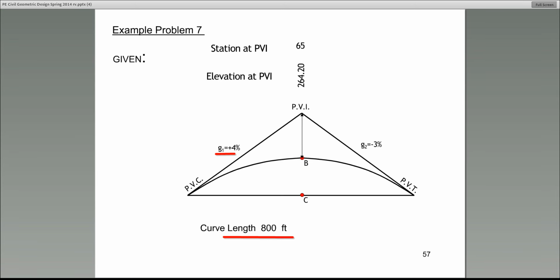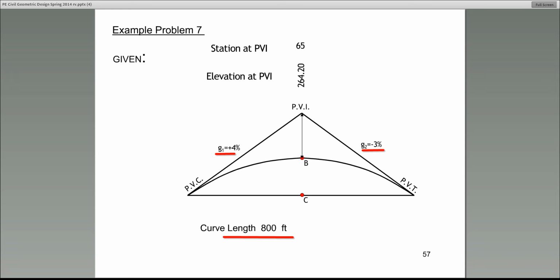So it has a positive slope. That means for every 100 foot of horizontal, this line goes up 4 units in the vertical direction. Now, what about G2? Gradient of the forward tangent is minus 3, so this has a negative slope. For every 100 foot of horizontal, it drops 3 units.